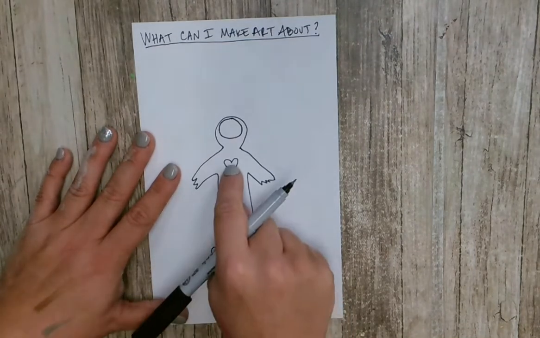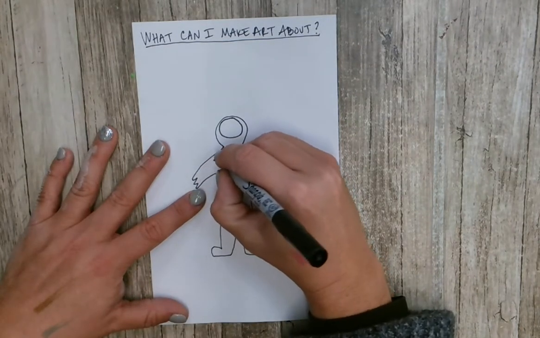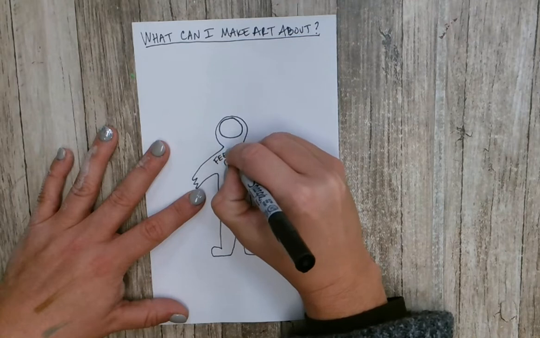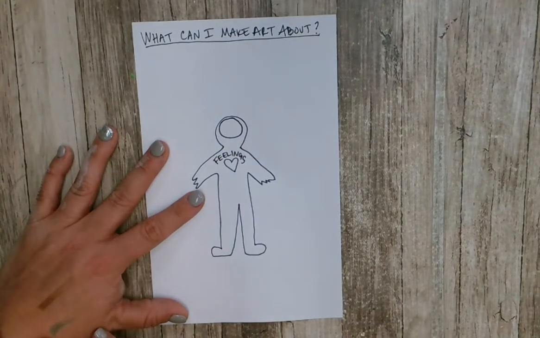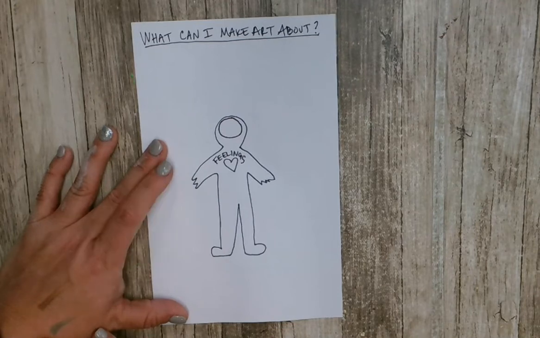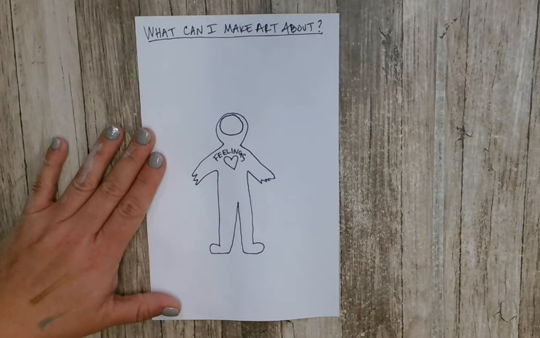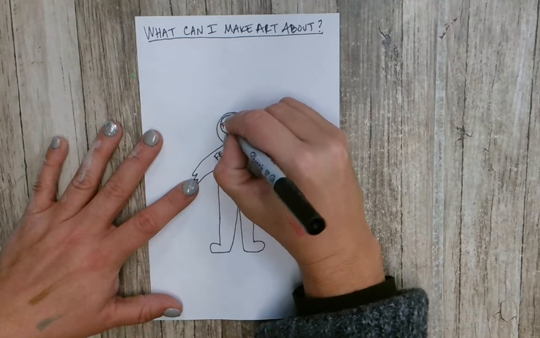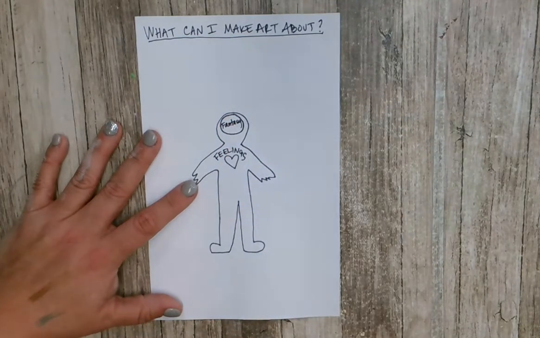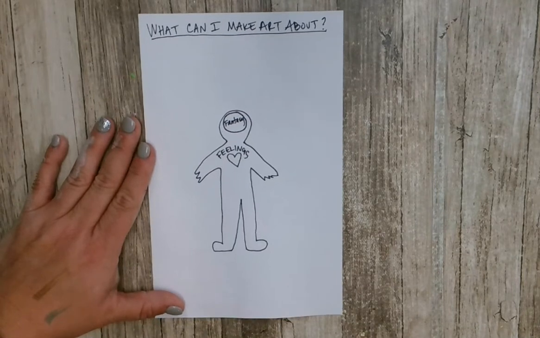So one of the things we can make art about is our feelings. So write feelings above our heart. And then we can also make art about things that only really exist in our brain, like fantasy, right? All right.